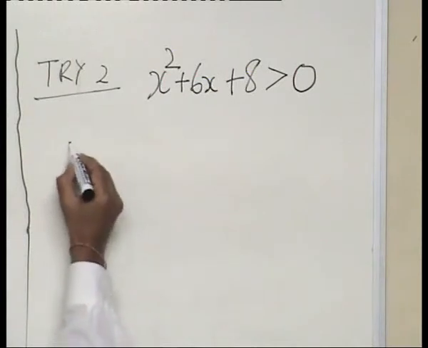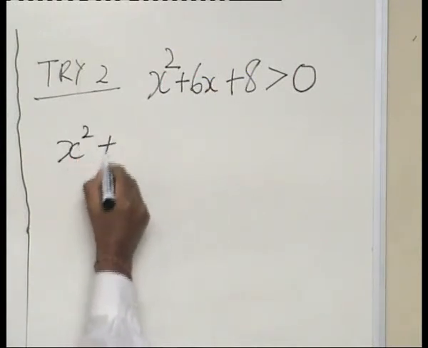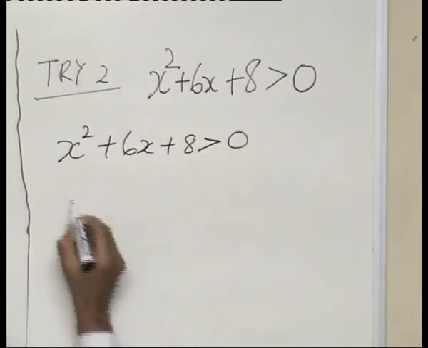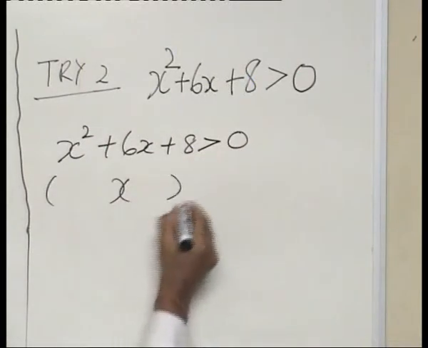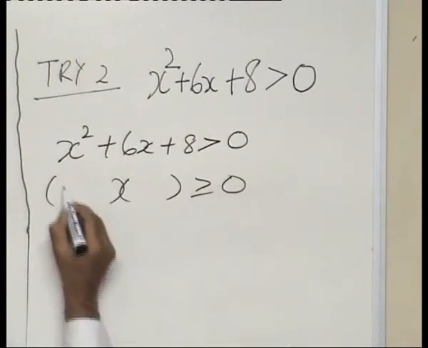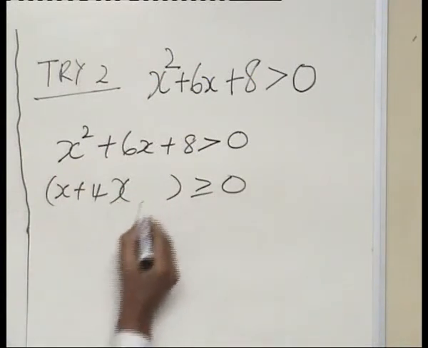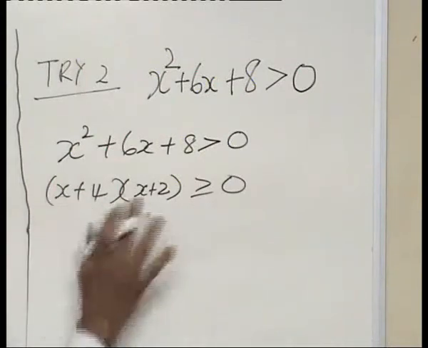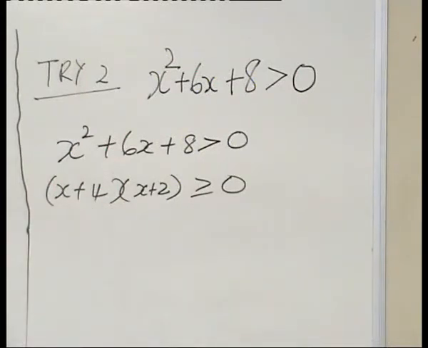Let's see. I'm sure that you wrote the question down like that, and then you factorized it. So your factors are x plus 4, x plus 2, and you tested your factors and you are sure that it is correct.